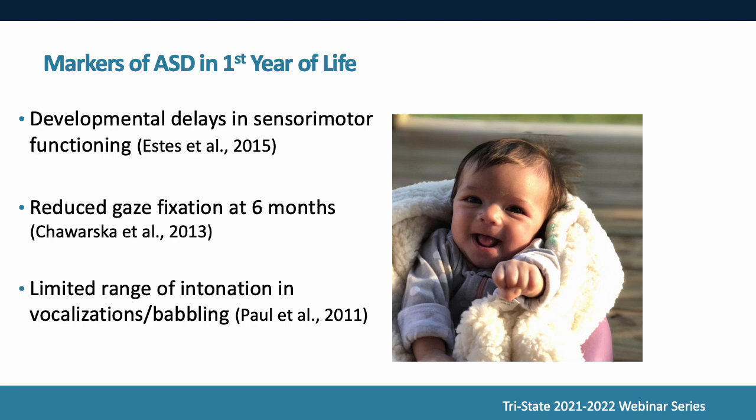And one of the findings that has been replicated most strongly is that parents and early interventionists have identified a limited range of the vocal play in the first year of life. Not necessarily for all infants, but when there's a restricted range of those sound qualities, it could be a sign of early emerging autism.